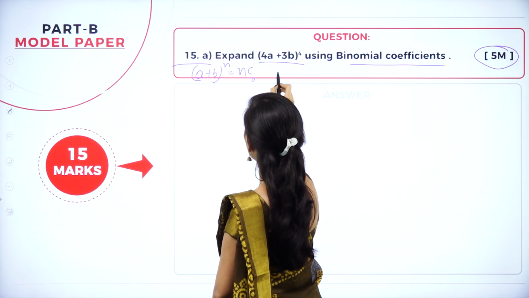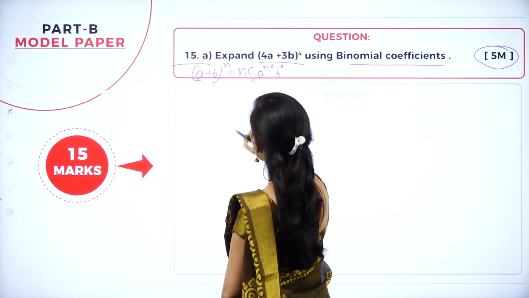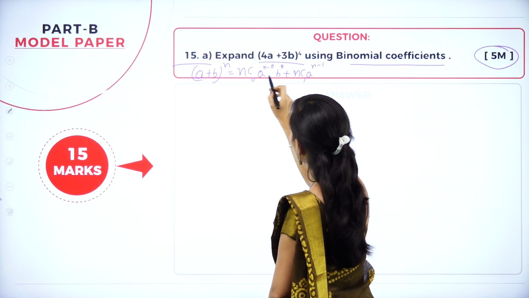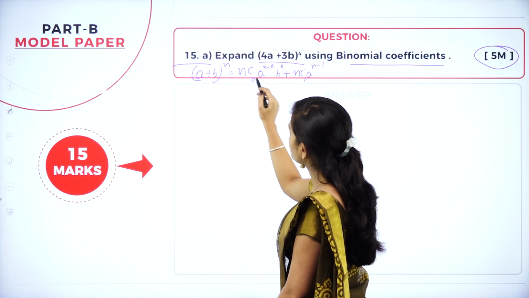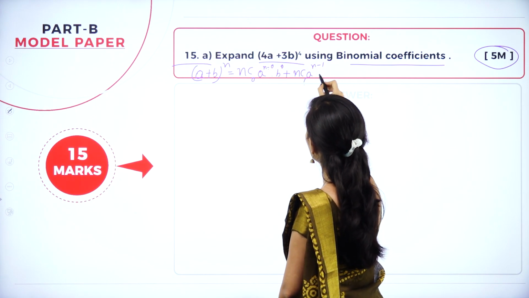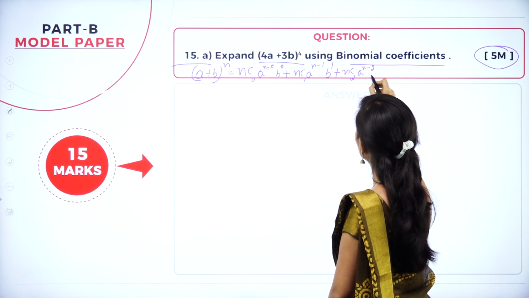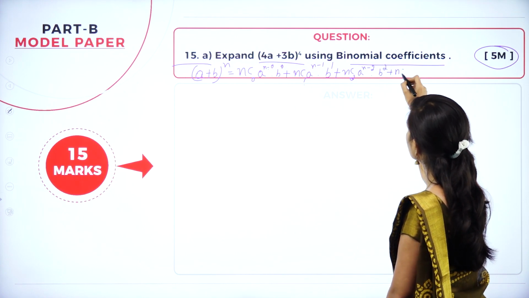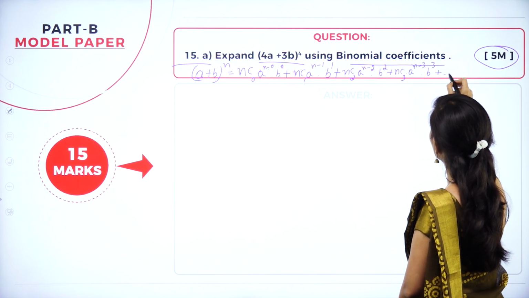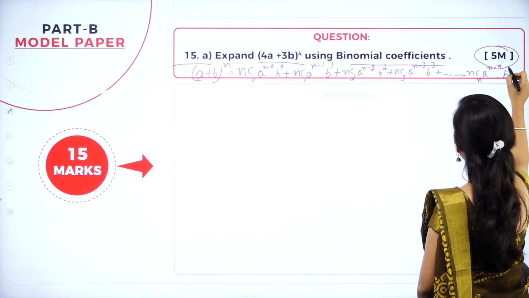nC0 a power n minus 0 and b power 0, plus nC1 a power n minus 1 b power 1, plus nC2 a power n minus 2 b power 2, plus nC3 a power n minus 3 b power 3, up to nCn a power n minus n into b power n. If you get confused on this formula, just take n minus 0 as the power of a and n minus 1 as the power of a in the next term.